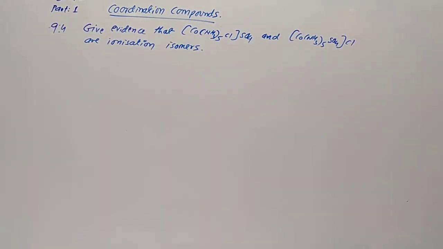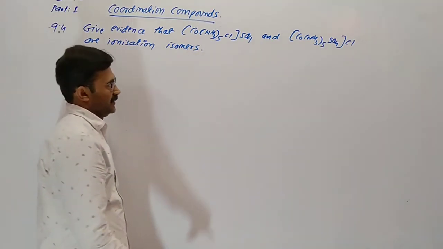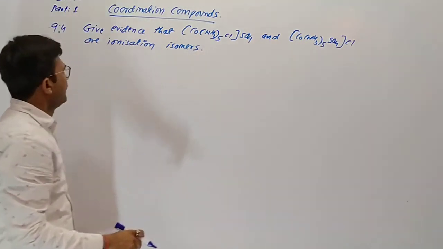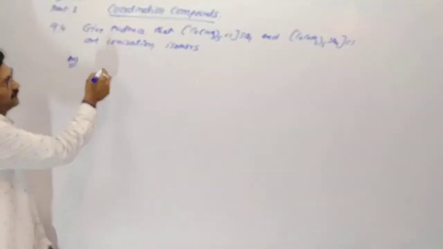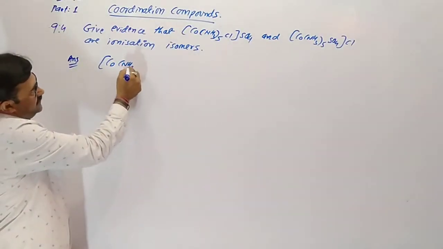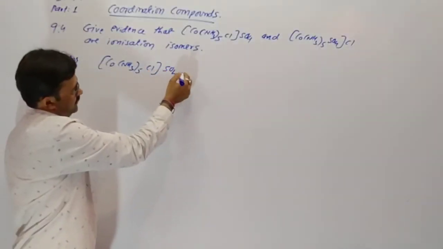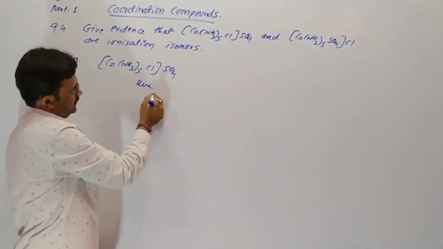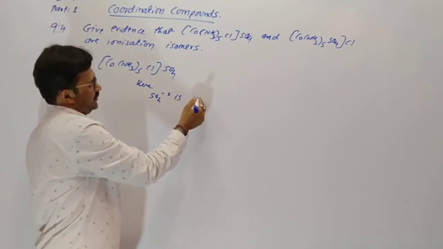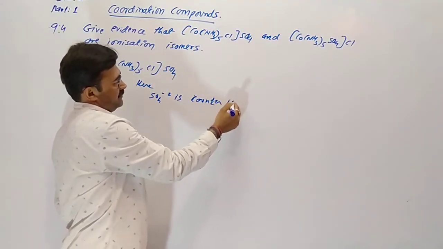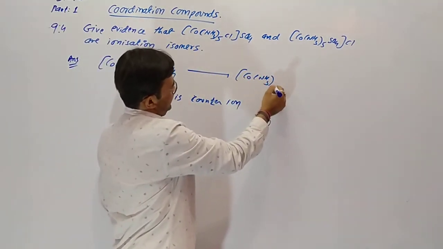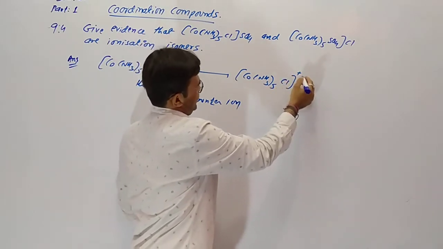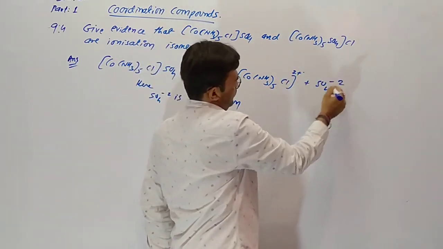Next question 9.4. Give evidence that [Co(NH3)5Cl]SO4 and [Co(NH3)5SO4]Cl are ionization isomers. Here is the answer. In [Co(NH3)5Cl]SO4, the sulfate, SO4 minus 2, is a counter ion. On ionization, it gives a positive complex ion and sulfate ion.